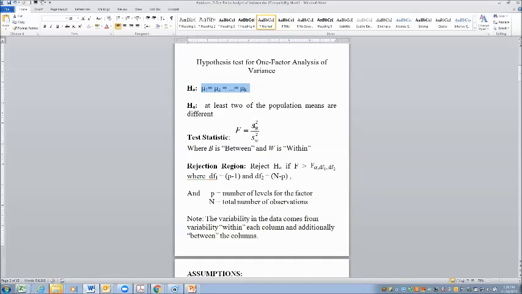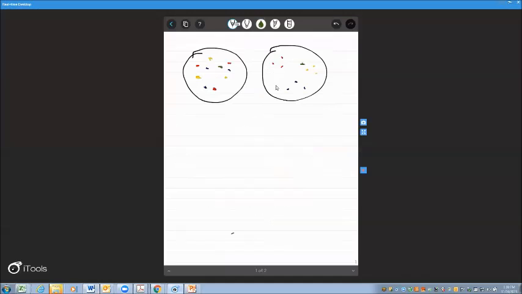So you can think about, in our dart example, S sub w squared would be the variance within each one of these patterns, yellow, blue, and red. The variance between would be the variability between the averages for each of these 3 columns, or these three groupings.